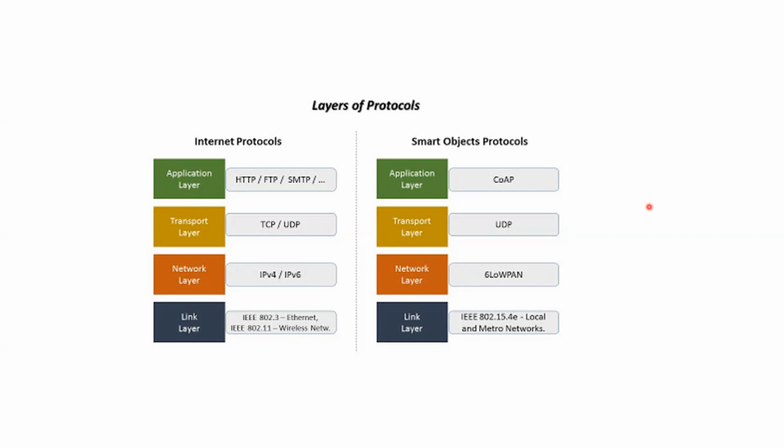Now coming to another protocol, which is COAP, that is Constrained Application Protocol. Basically, it is used for machine-to-machine communication. COAP, as it exists in the Smart Objects Protocol, you can observe in the diagram.